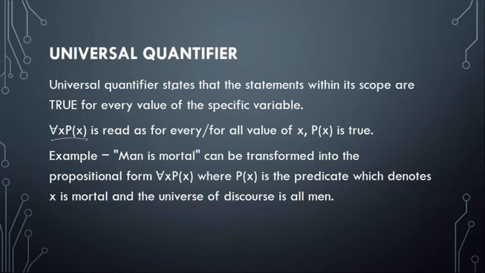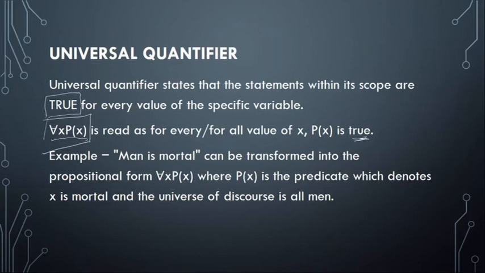So the universal quantifier is true for every value of the specific variable. You need to also get the return value of this quantifier. It reads: for every or for all values of x, P(x) is true.